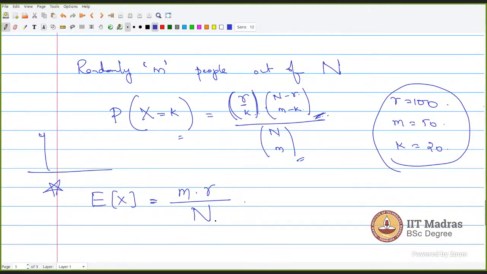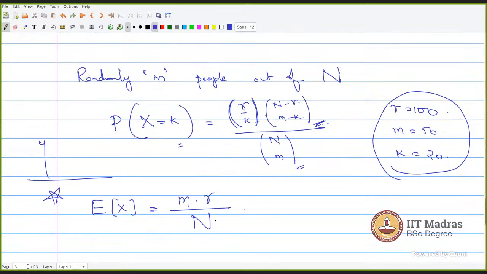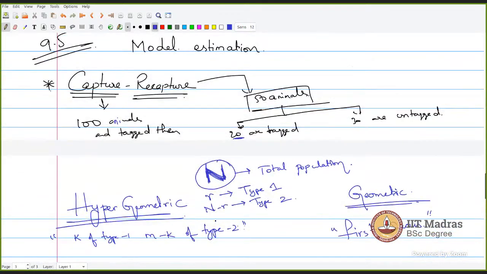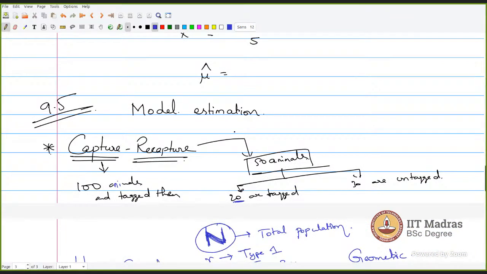So what is this expected value? You have only one sample with you. I captured only once, and out of these 50 animals, I have observed 20 animals are tagged and 30 animals are untagged. If the animal is tagged, you give the value 1. If the animal is untagged, you give 0.